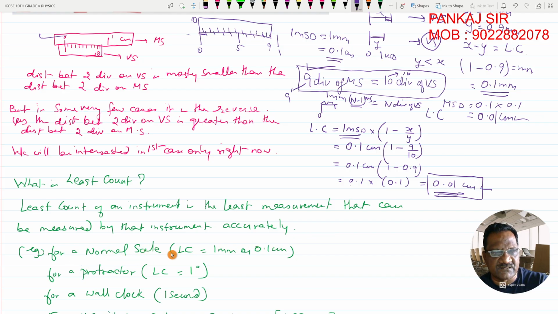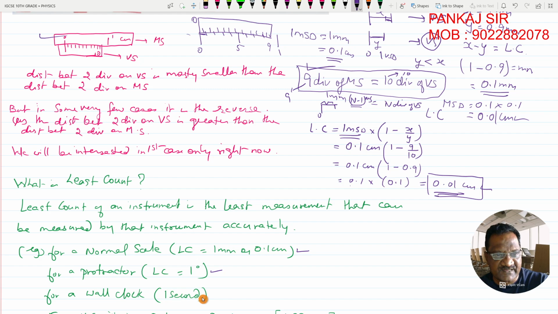For a normal scale, the least count is just 1 millimeter or 0.1 centimeter. For a protractor, you must have seen a protractor that we use for measuring angles. In a protractor, the minimum measurement that can be accurately taken is 1 degree. Okay, so the least count of a protractor is 1 degree.